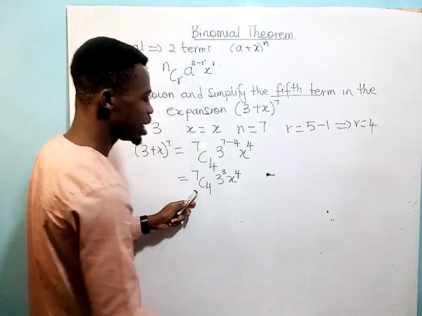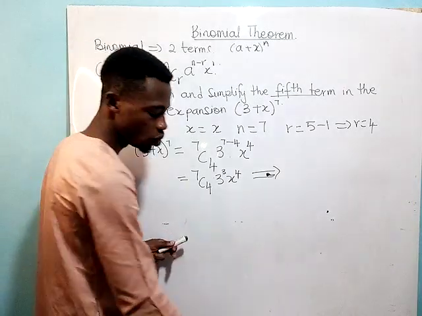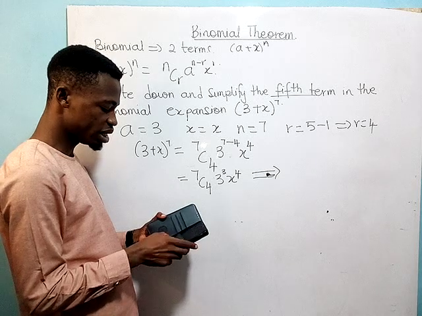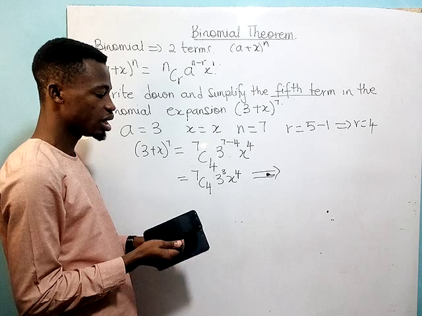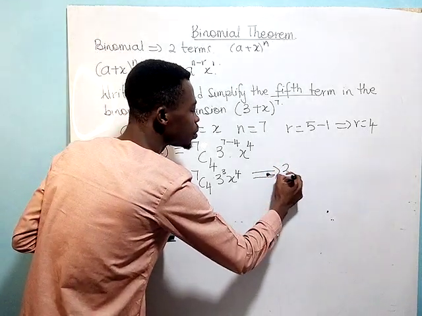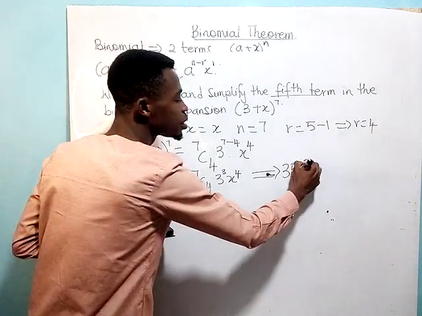Now let's take time and analyze this. What is 7 combination 4? From our calculator, 7 combination 4 is 35. Then what is 3 to the power 3?